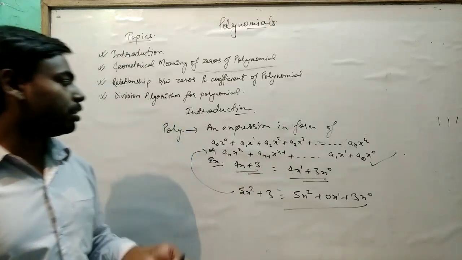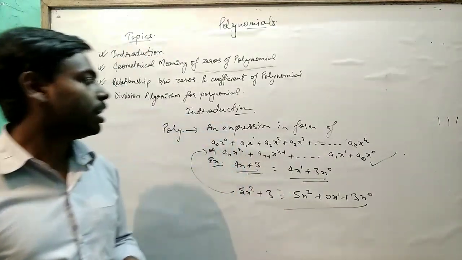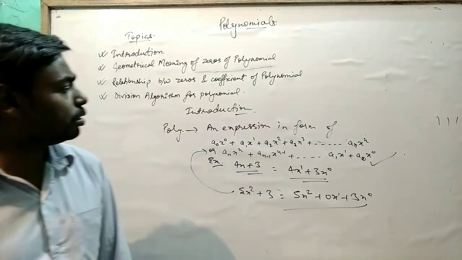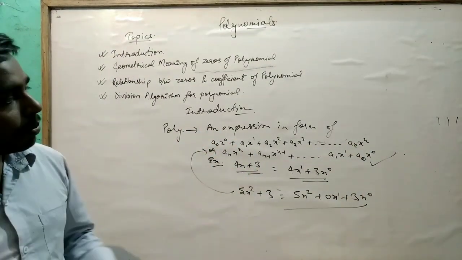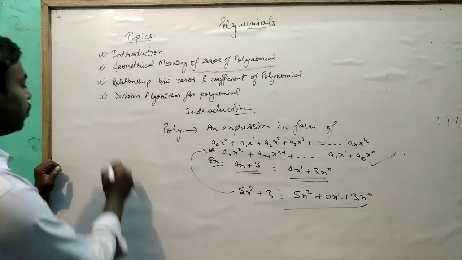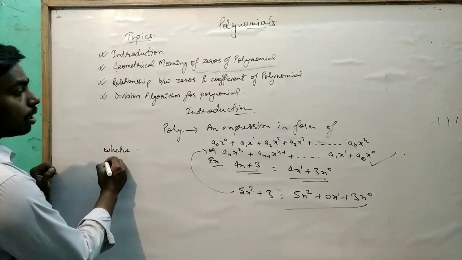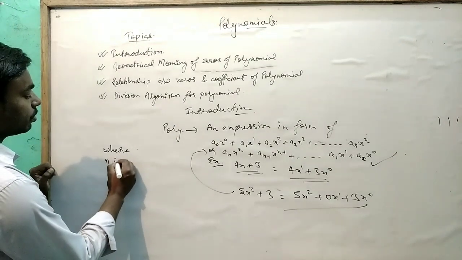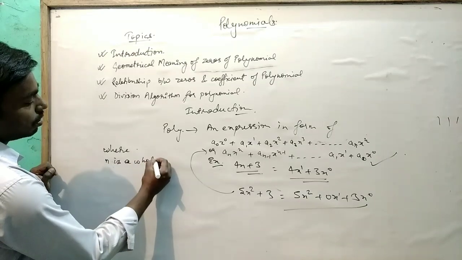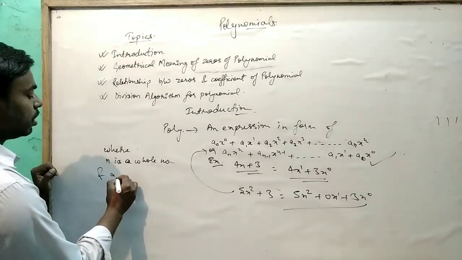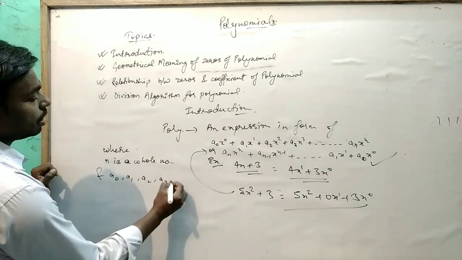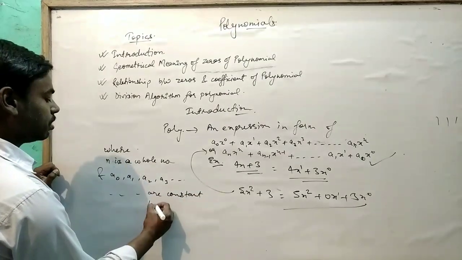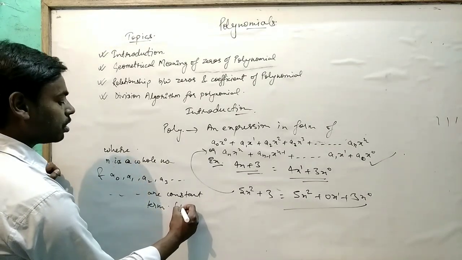So an expression in the form of a naught x to the power 0 plus a1 x to the power 1 plus a2 x to the power 2 plus a3 x to the power 3 dot dot dot an x to the power n is called a polynomial, where n is a whole number and a0, a1, a2, a3 dot dot dot are constant terms or real numbers.